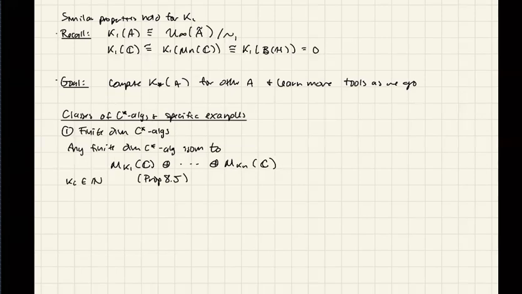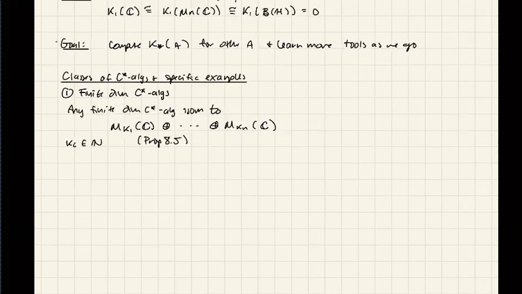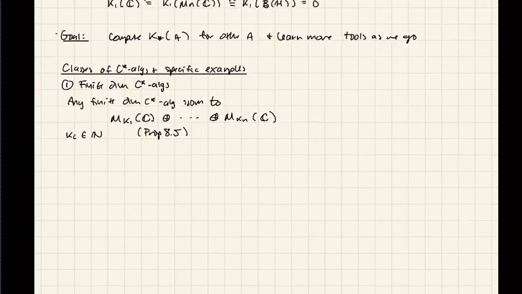So we know the K-theory of each of these terms. We are hoping that K-theory would play nicely with the direct sum, because then we could figure out what the K-theory of this C-star algebra is. And that's actually the case here. It's stated as two different propositions in Rørdam.